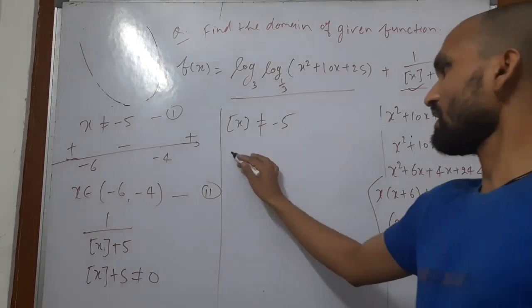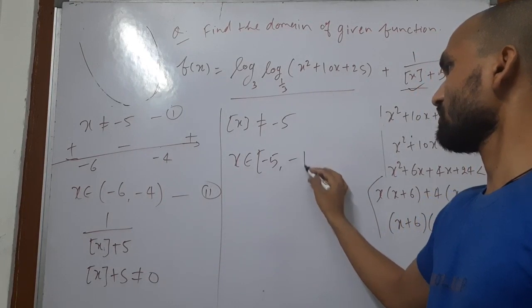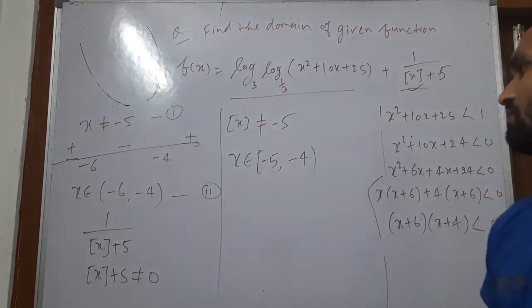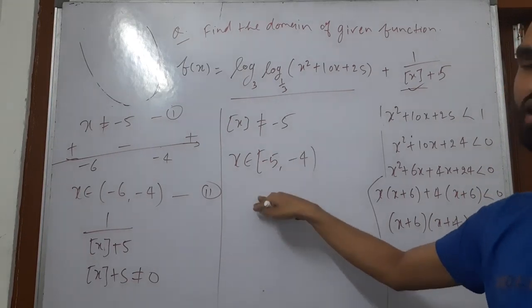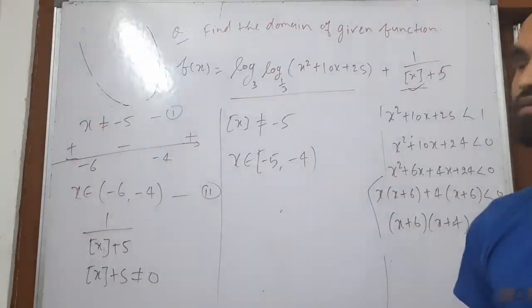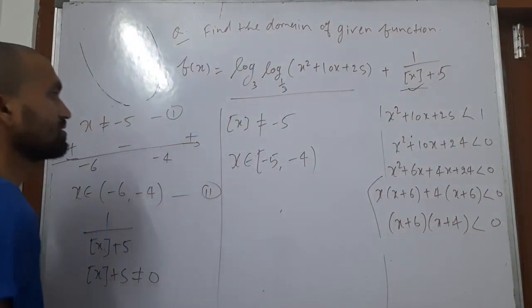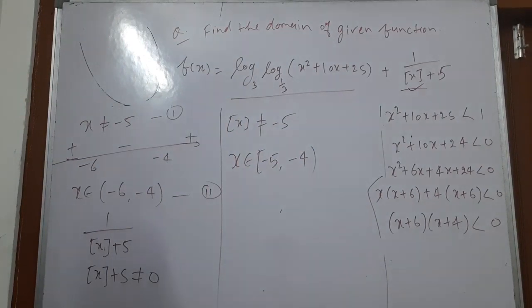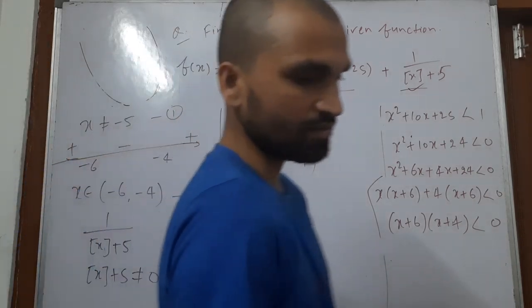So x belongs to the interval minus 5 to minus 4, because all values before minus 4 will get the left value minus 5. So their greatest integer will be minus 5. Now this is our x, from minus 6 to minus 4.